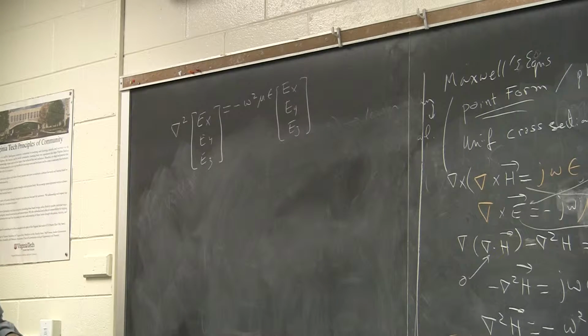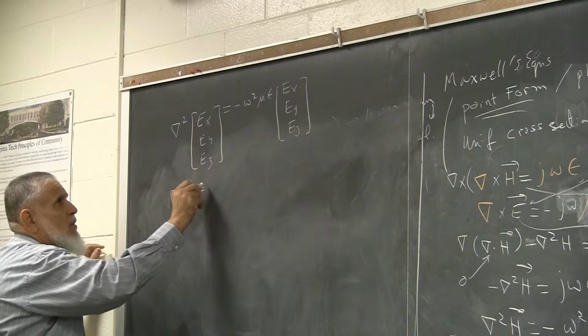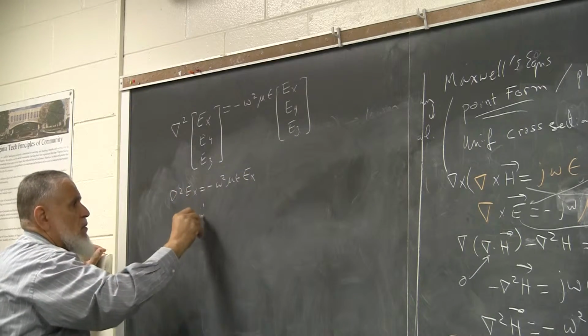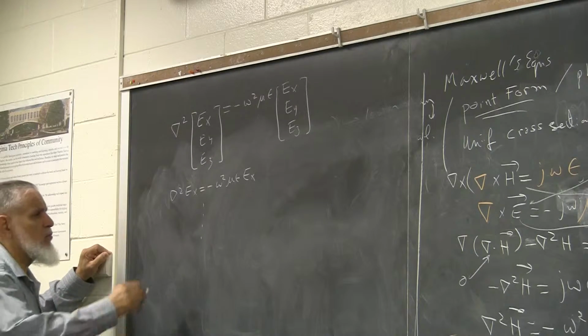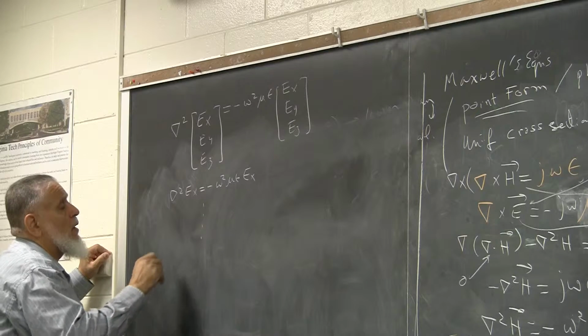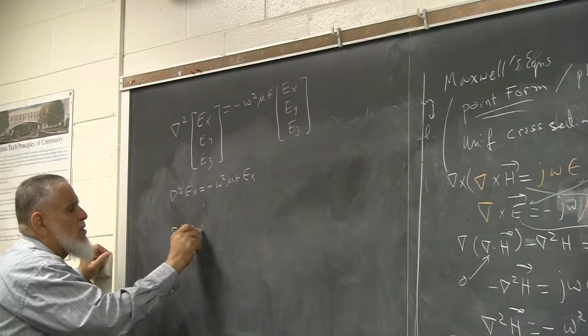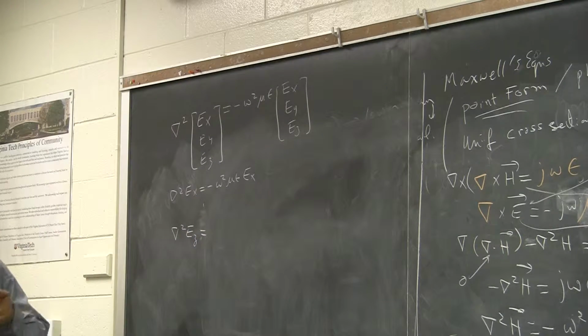So you can separate that into 3 separate equations. Del squared Ex is equal to minus omega squared mu epsilon Ex. Typically, again, we feel something unique about E sub z because that's the direction of propagation.